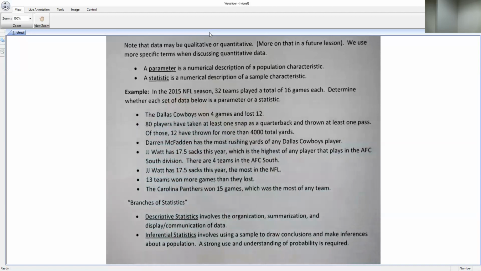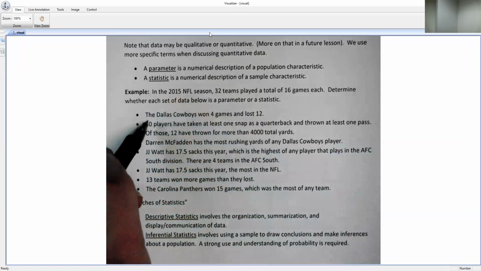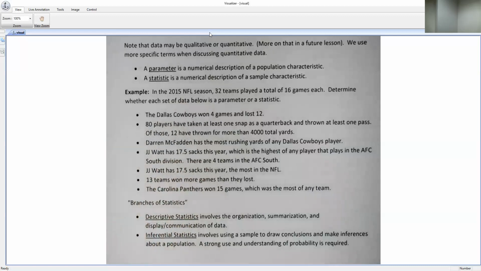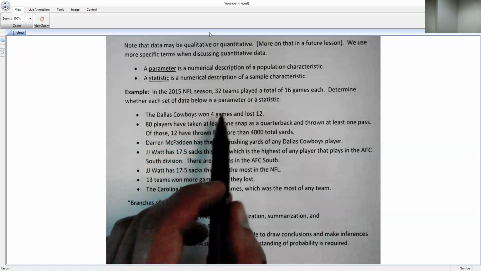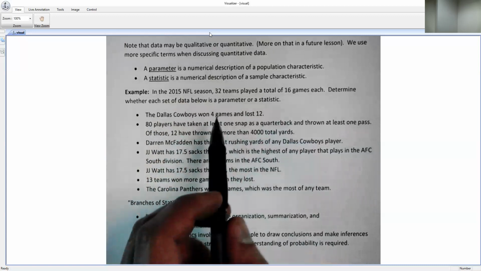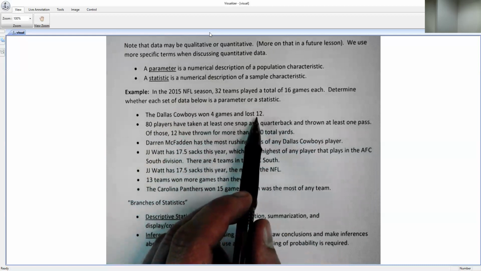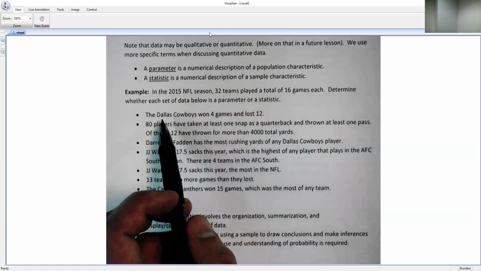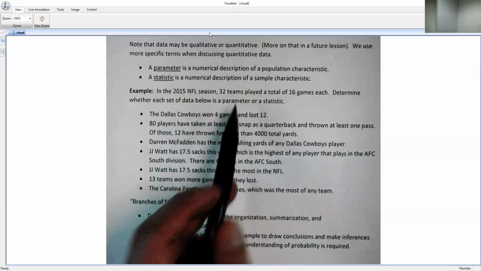Okay. That's our population. So if we are given that the Dallas Cowboys won 4 games and lost 12, it's easy to see that that measurement is not something that's measuring the entire population. We're not measuring something about all 32 teams. We are measuring something about 16 games, right? 4 games won and 12 games lost is 16 games, but that's 16 games for only one of the teams, not 16 games for all 32 teams.